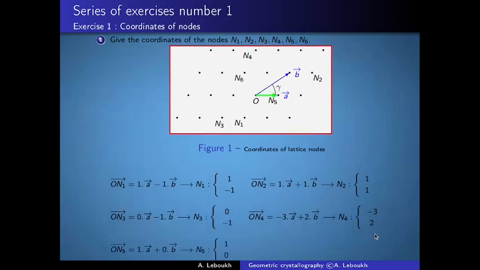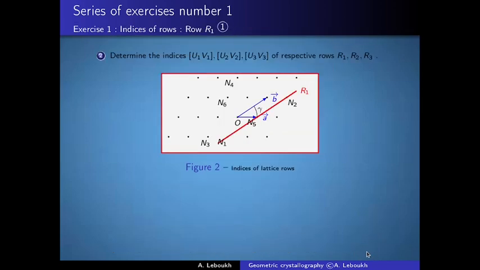For N5, we have to do 1A plus 0B, and the coordinates of N5 are 1, 0. Finally, for N6, we have to do the translation minus 2A plus 1B, and the coordinates are minus 2, 1. We pass to the second question.